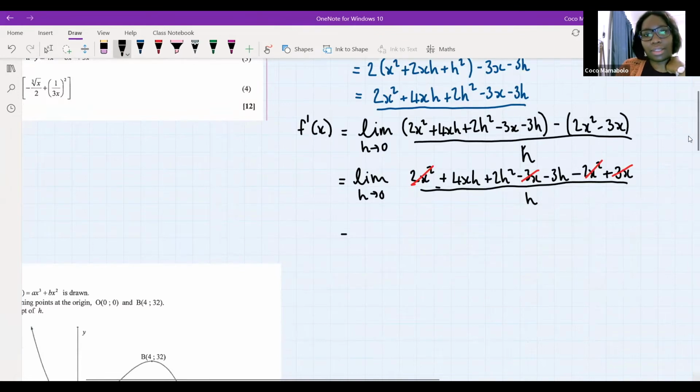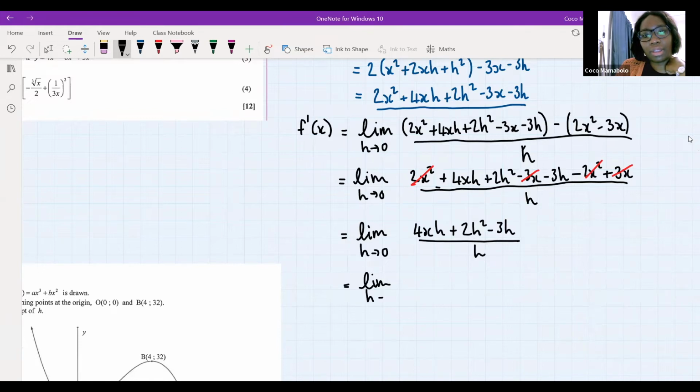Okay. This is equal to the limit as h approaches 0 of 4xh plus 2h squared minus 3h all over h. And that means I can take h out as a common factor. So h approaches 0, take out h at the top, then I have 4x plus 2h minus 3 all over h.